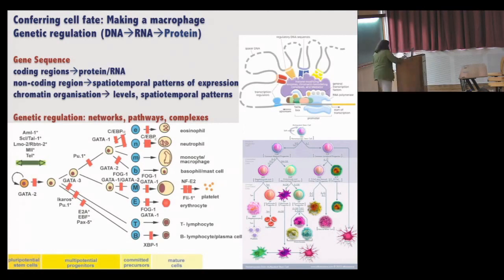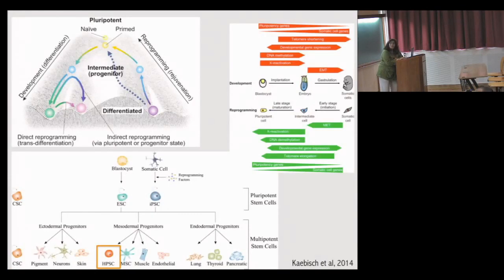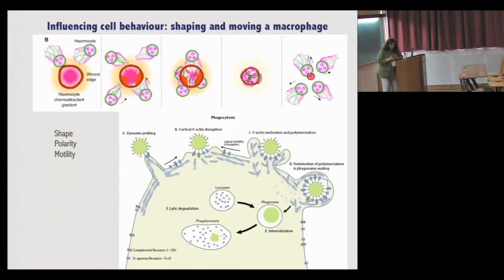Okay, so now let's say you've made a macrophage. I now want to do two other things to it. I want to try and understand how you get a macrophage to change its shape and make it move. Here's an example, and I'll show you a movie in a minute.